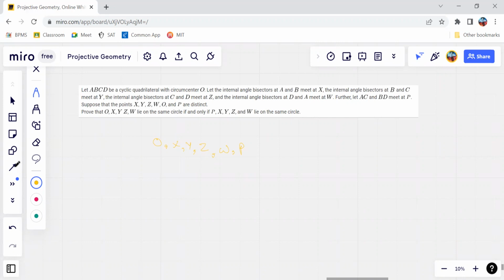Then the problem follows because 5 points are enough to uniquely determine a conic. So if the conic going through these 5 points is a circle, then because O lies on this conic, O also lies on this circle. And similarly for the rest, this solves the whole problem.